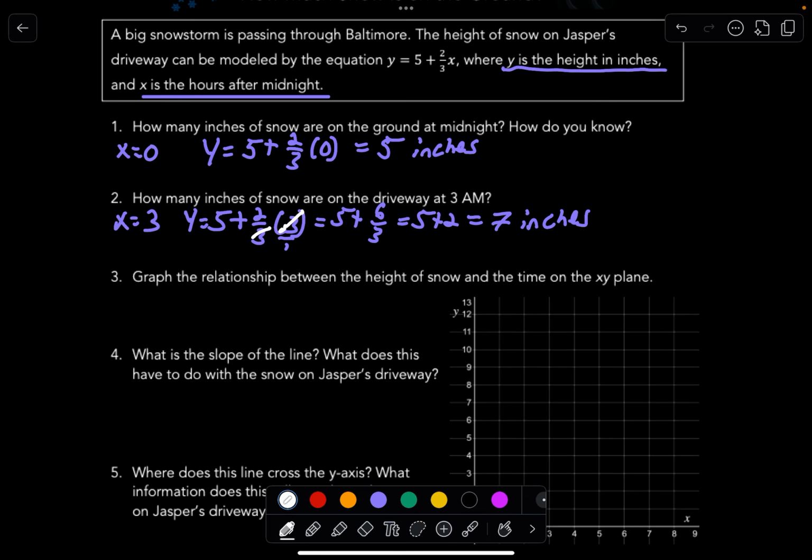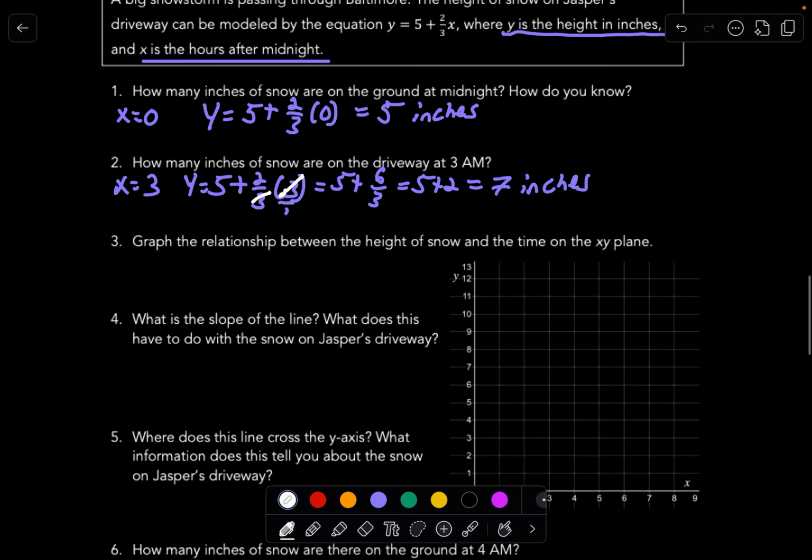Okay, then it says graph the relationship between the height of snow and the time on the xy plane. Well, our equation is this. I'm just going to write it. y equals 5 plus 2/3 x. All right, and we already know two things. We know that x equals 0. I'm going to write it as an ordered pair.